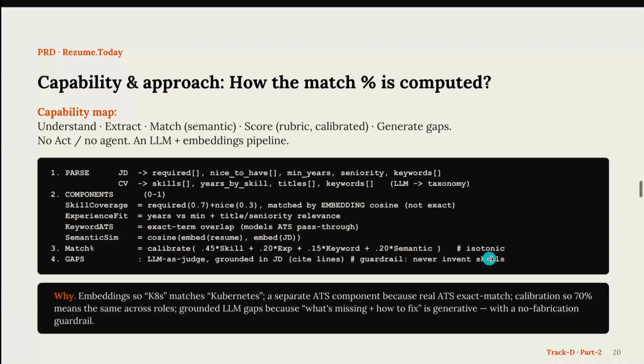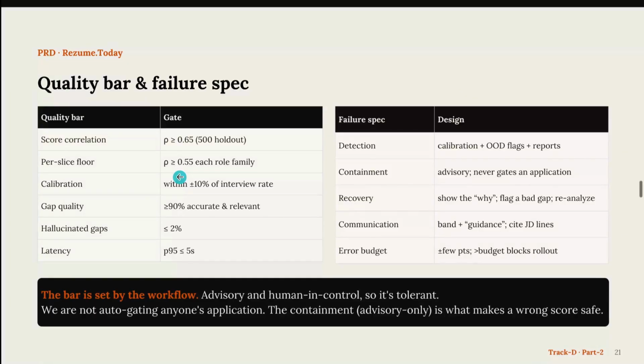That's how we are going to measure this, and it should be within plus or minus 10% of interview rate. For gap quality, if the accuracy is greater than or equal to 90% and relevant, then we'll measure the gap quality, and it should be greater than or equal to 90%. That's what we are saying.